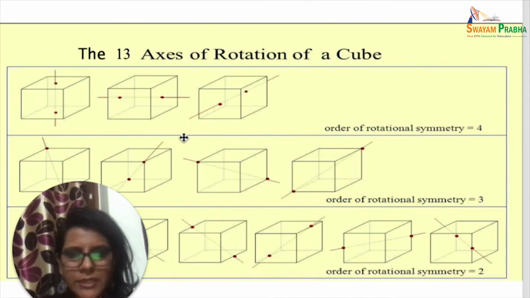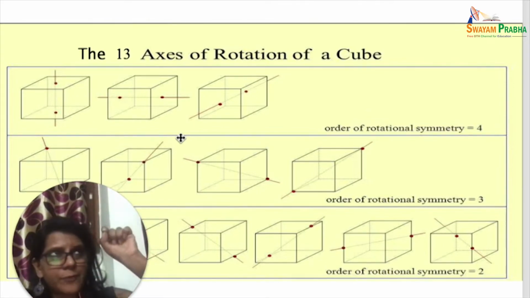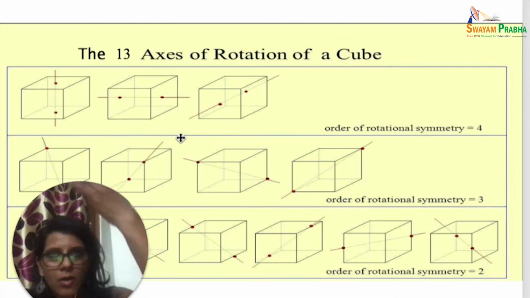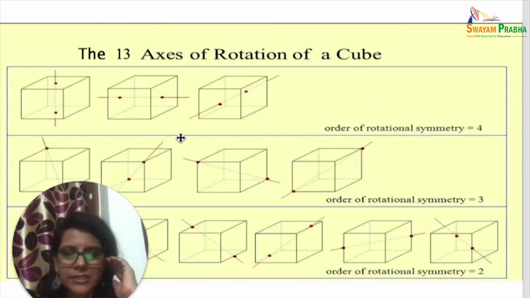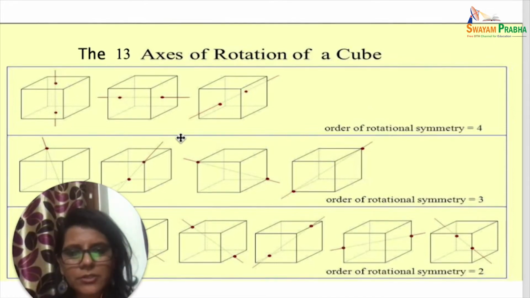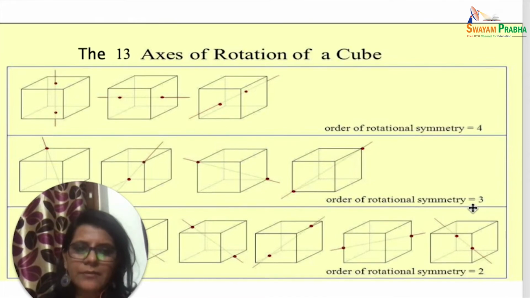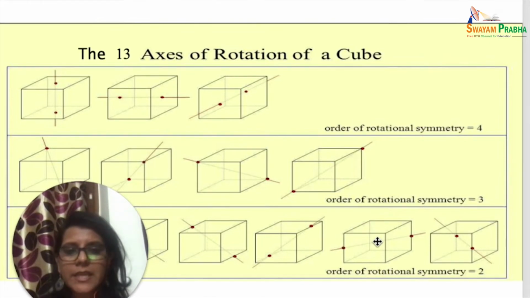Now let's look at the ones which are passing through the body diagonals. Just imagine the top front corner and the bottom opposite corner. These are the body diagonals. So through the body diagonals, you are getting rotational axes of symmetry, and these are threefold rotational axes of symmetry. Then there are ones which are between the edges. How many edges are there?